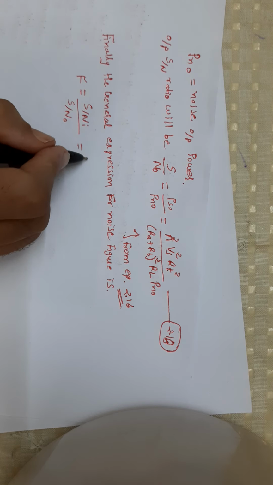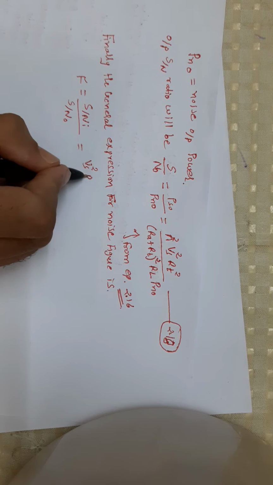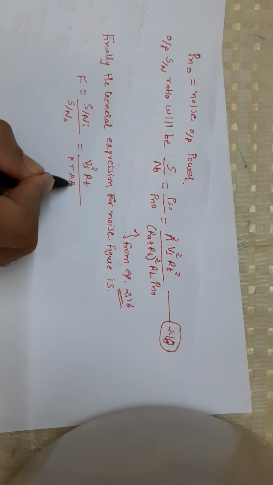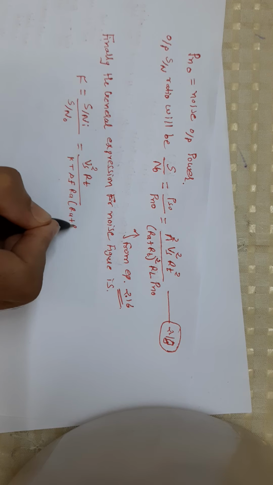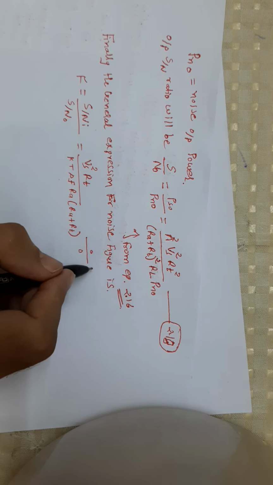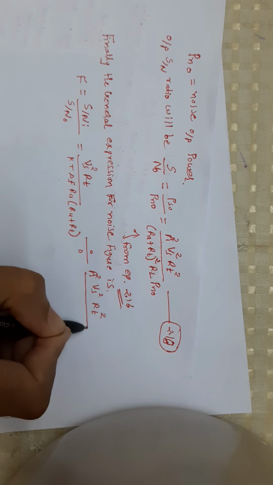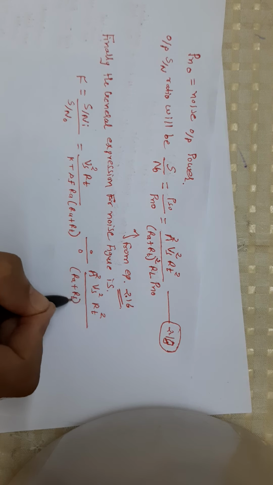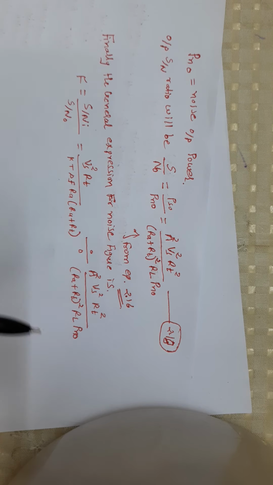This is equal to VS square RT upon 4 kT delta F RA into RA plus RT, divided by A square VS square RT square upon RA plus RT whole square RL PNO.